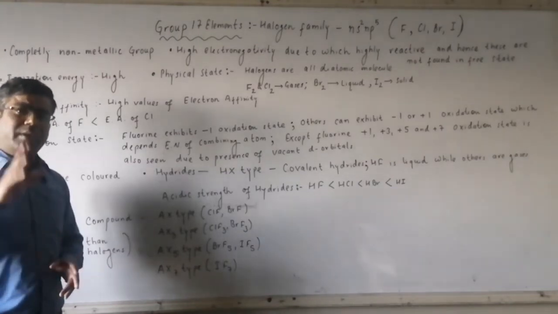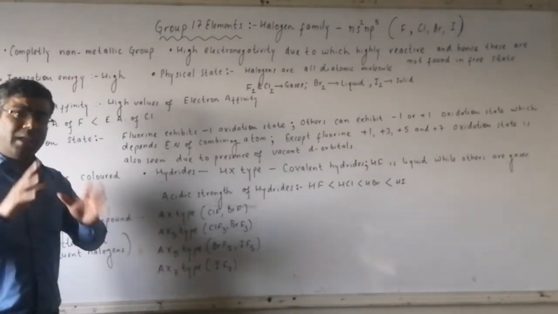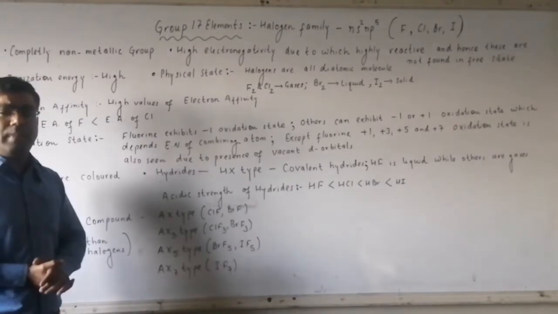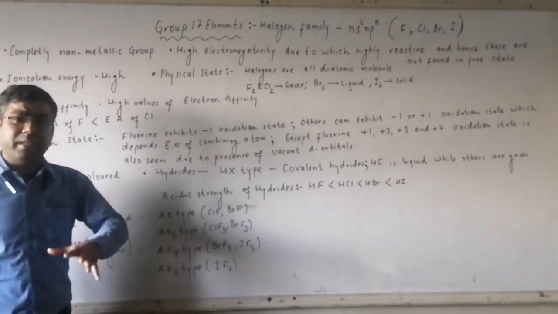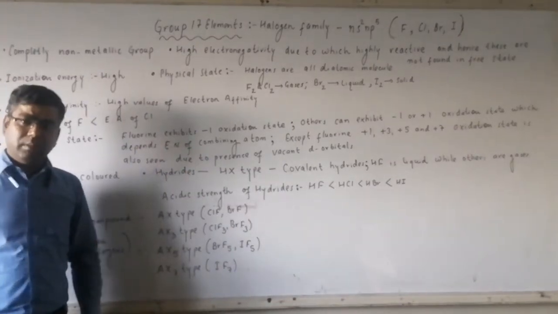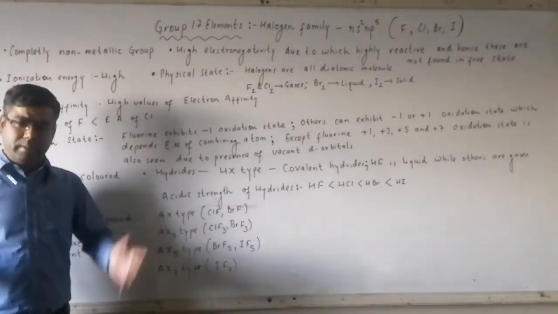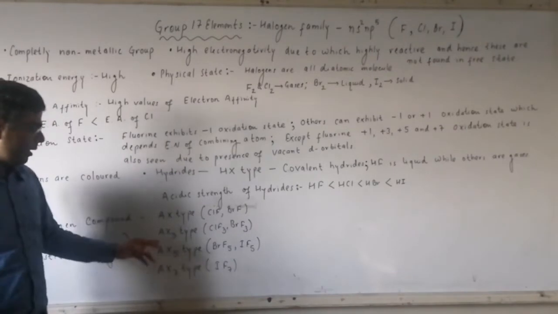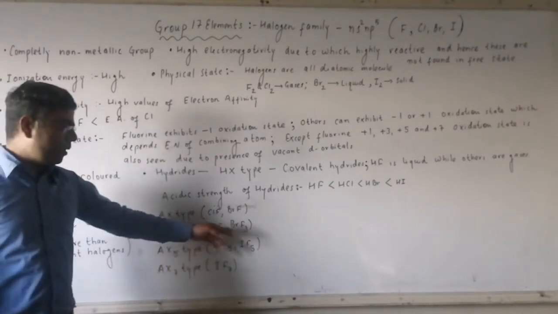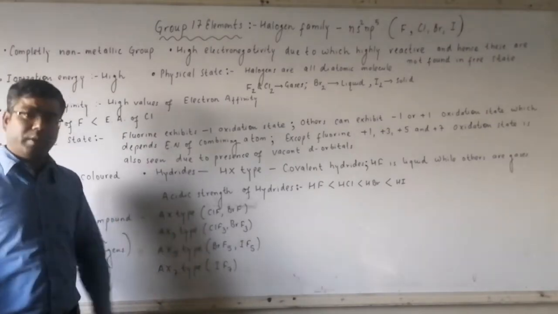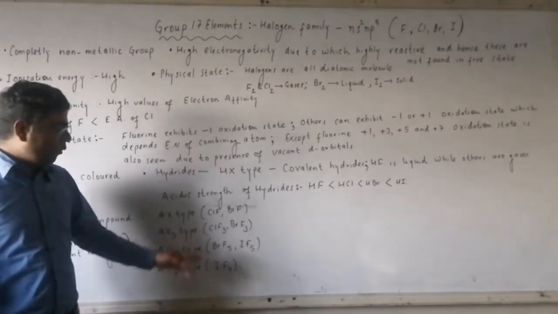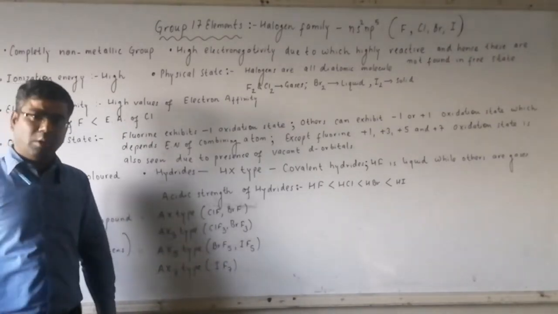If the surrounding atom has more electronegativity, then it can cause unpairing of electrons. In the central atom, an electron can be excited to a vacant d orbital, creating more unpaired electrons. So here AX3 type: ClF3, BrF3. Just see, Cl is central, F is surrounding.